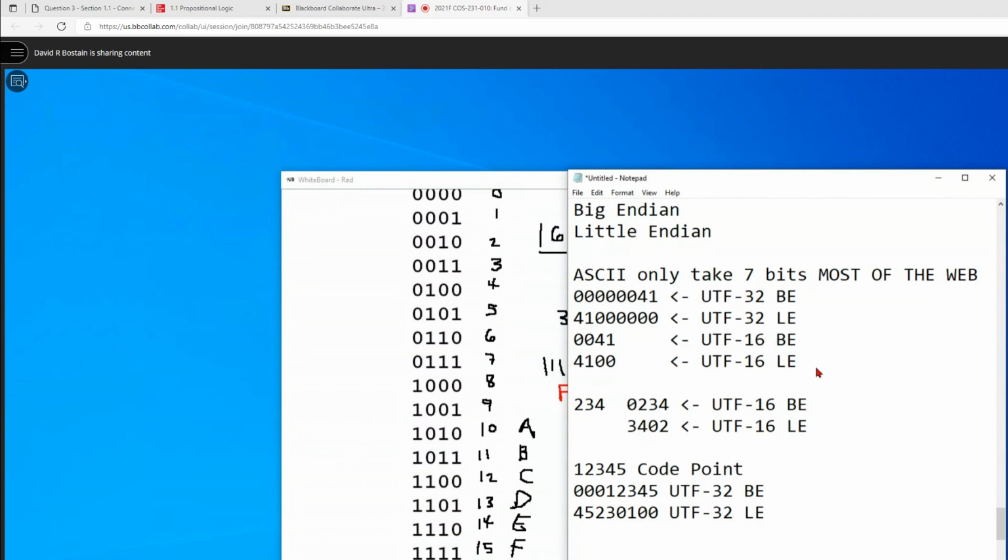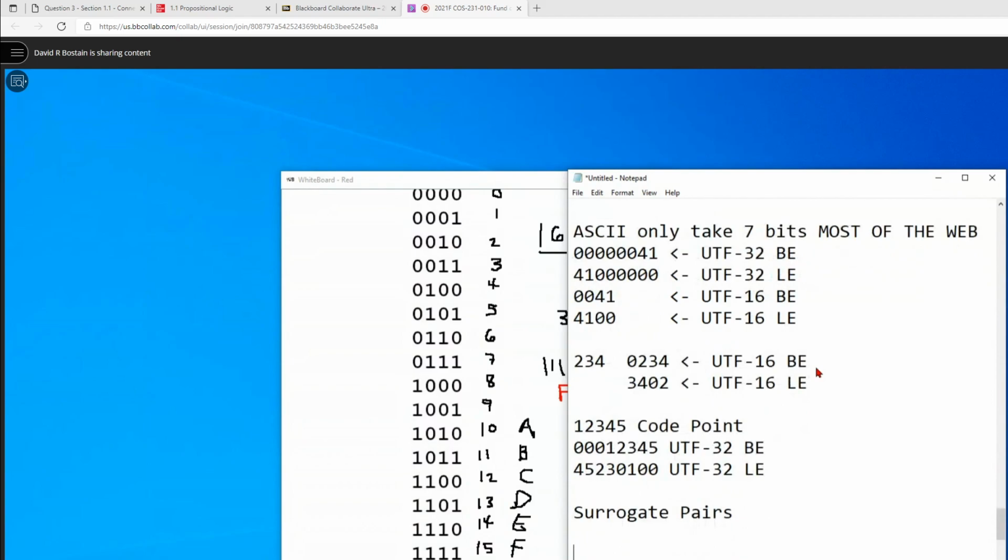So we have to use something called surrogate pairs. What we're going to do is take this number, and instead of sending it as a single 16-bit number, we're going to put it into two 16-bit numbers and send it.